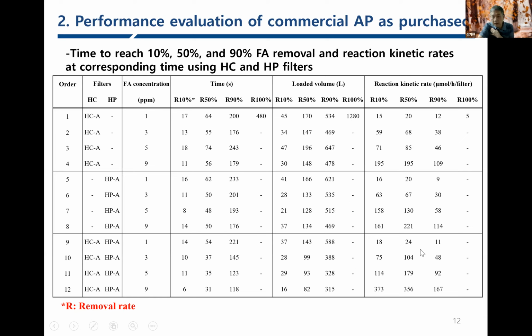But the difference is not too significant. One interesting thing is that when these two are operated together, we couldn't see 100% removal, although it went up to 90%. There was some sort of difference in treating formaldehyde with these different data sets.